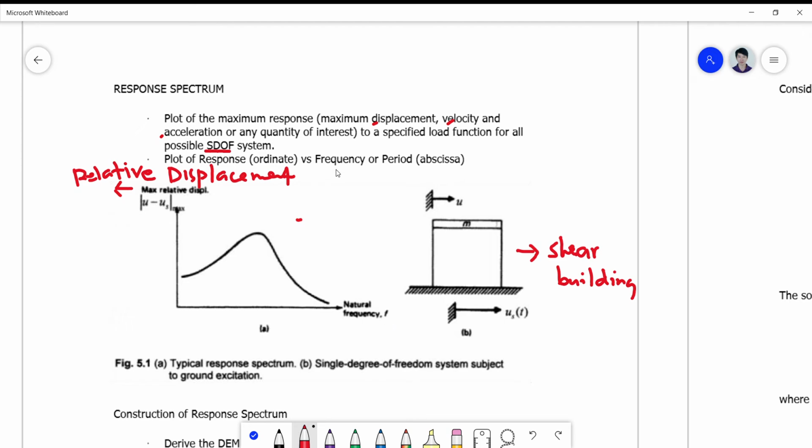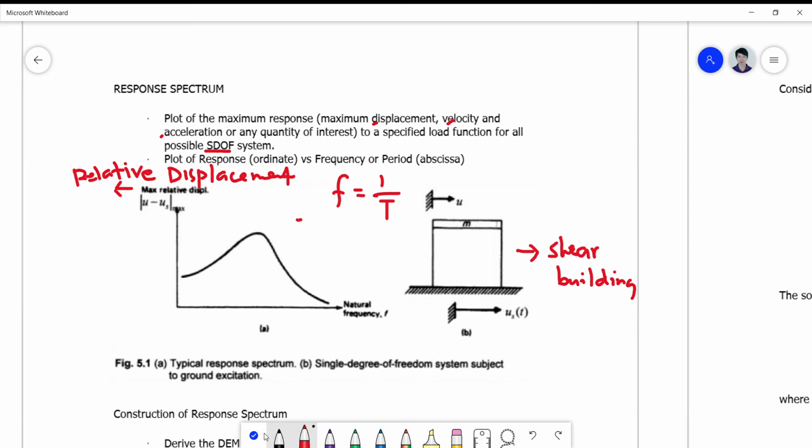Frequency and period are related reciprocally by simply taking note that f is equal to 1 over T. In any case, in the later part of this discussion, we will notice that we will be using the period as your abscissa in favor of your frequency.